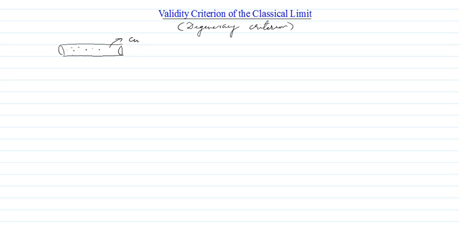This is a copper conductor, a conducting wire made up of copper, and you know that the copper atoms have so many electrons, and the outermost electrons we call the conduction electrons. These conduction electrons have comparatively higher energy than the inner shell electrons, so that we treat them to be somewhat free.